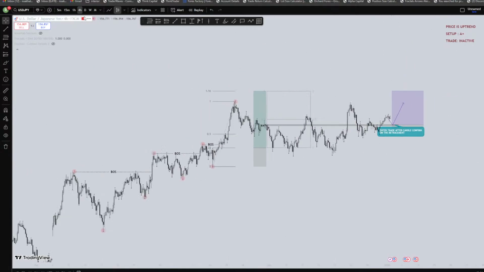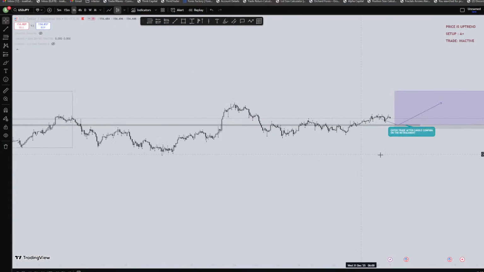So this is the 4-hour. We are taking trades that range from the 1-hour to the weekly. This is how the 4-hour looks like.